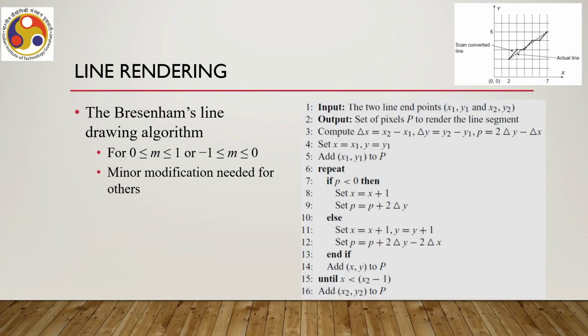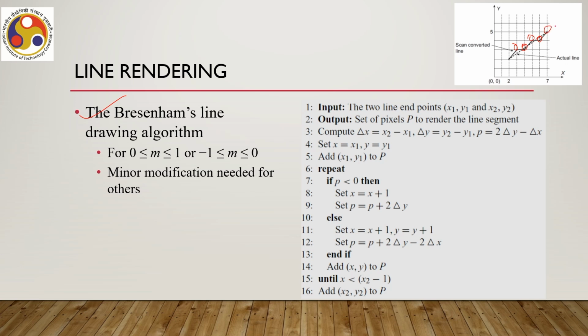One such algorithm is Bresenham's line drawing algorithm, a quite popular and well known algorithm. Using this algorithm, what we want to do is find out the pixels that approximately represent the line as shown in this figure.